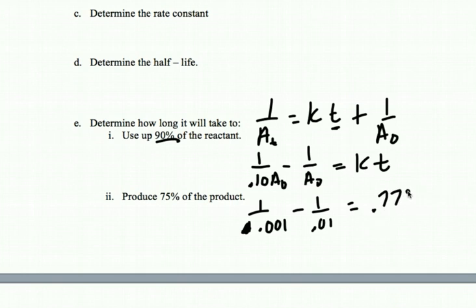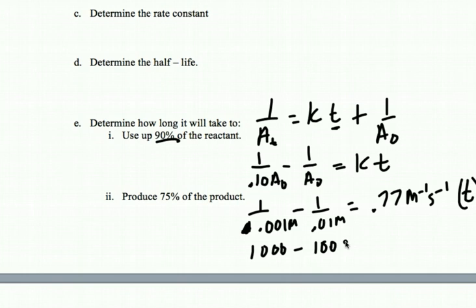But even if I don't know a naught, I could use this method because the a naughts could end up dropping out. And then I'm trying to solve for t here. So in the end, this is 100. Sorry, this is 1,000 minus 100. These are molar, sorry.